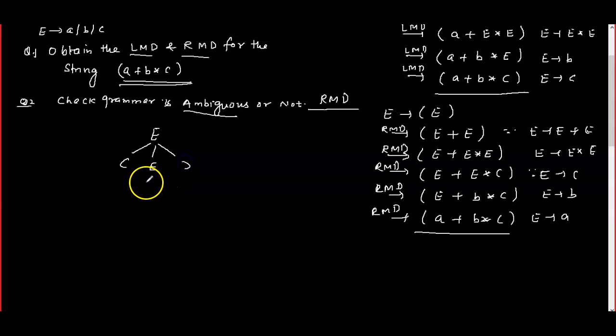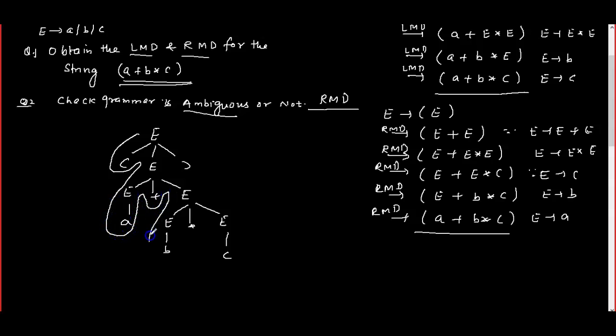Then this E we can substitute in the place of E plus E. We have done here E plus E. Then this one has E star E. This one as A, this is B, this is C. So if you get it here, this open bracket A plus B star C and close bracket. So we got the same thing here.